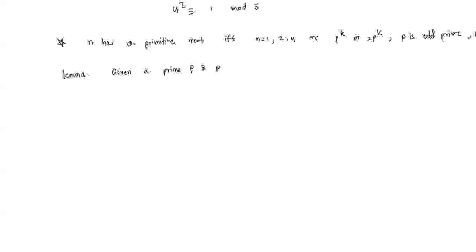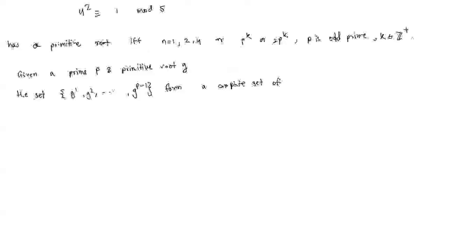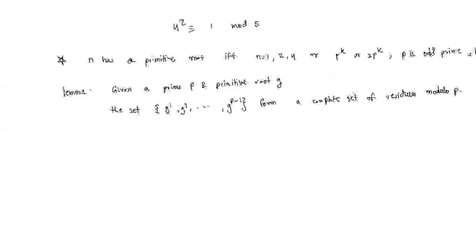Its primitive root is G. The set G to the power 1, G squared, up to G to the power P minus 1 forms a complete set of residues modulo P. Which means that G to the power 1 up to G to the power P minus 1 are 1 up to P minus 1 in some order.